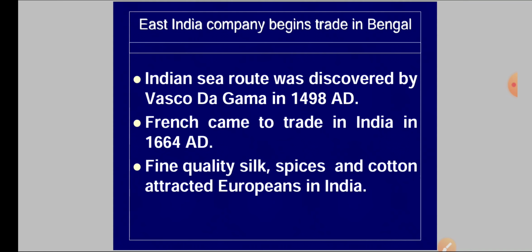As you know, after the arrival of this European person, Vasco da Gama, many other countries also came to India step by step. Then the East India Company came in 1600, then the Dutch people came, the Dutch East India Company, then the Danish people, the Dane East India Company came, then the French East India Company came, because the purpose of these companies was to establish trade relations in India.